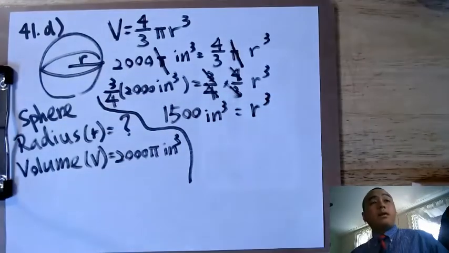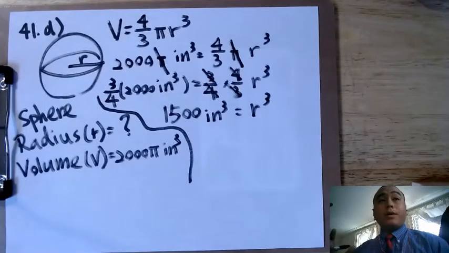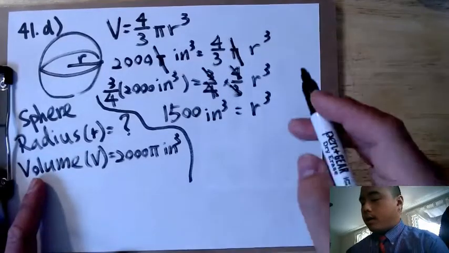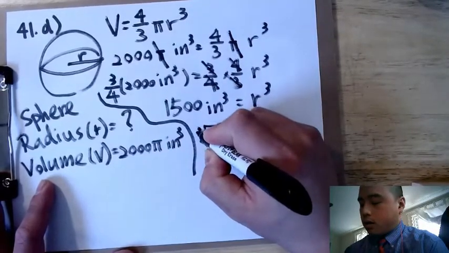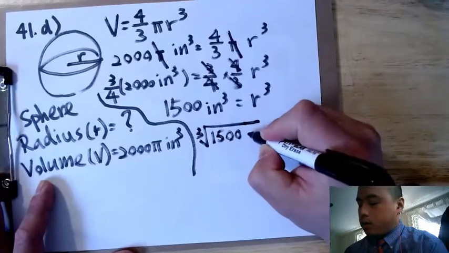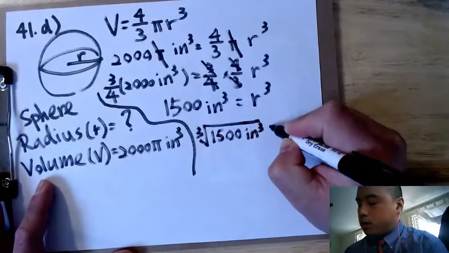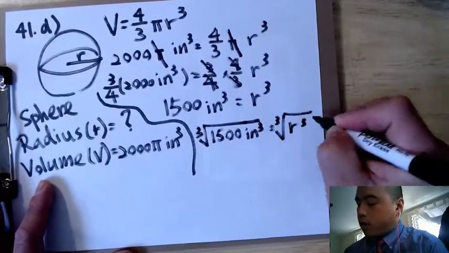What r cubed stands for is the radius multiplied by the radius multiplied by the radius. And so if we want to just look at the radius, we have to take the cube root of it. How it looks, if you want to write it out, is the cube root of 1,500 cubic inches is equal to the cube root of r cubed.